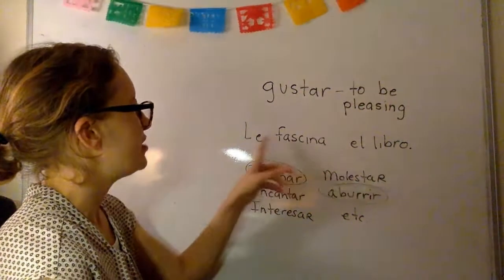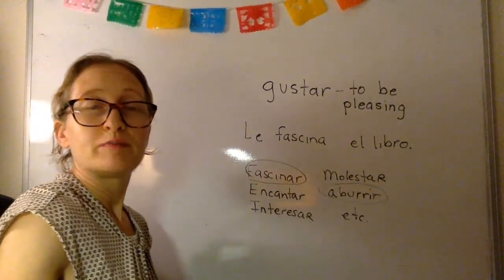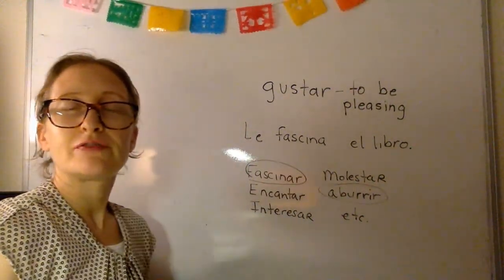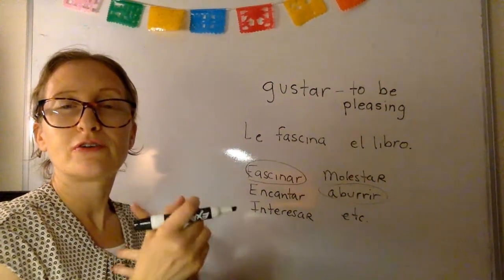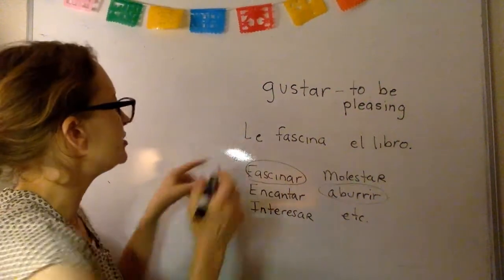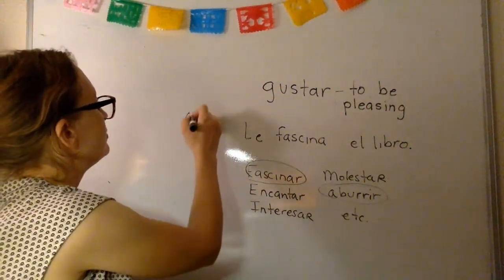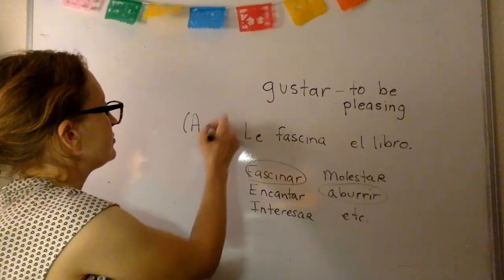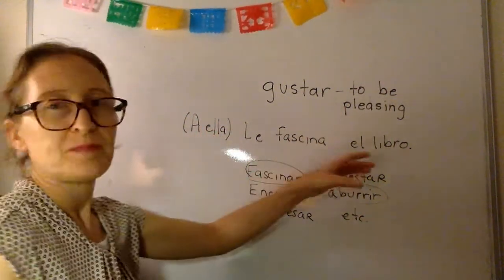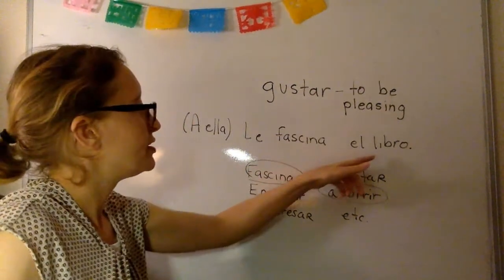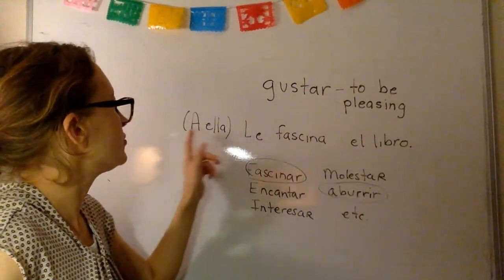The book is fascinating to her. And le is ambiguous, right? Because le can refer to or for him, to or for her, or to or for usted. So if we want to be a little more specific here, we would write a ella. Not just ella, but a ella. To her. Then this becomes a little redundant. The book is fascinating to her, to her.